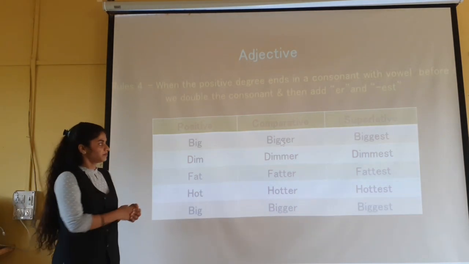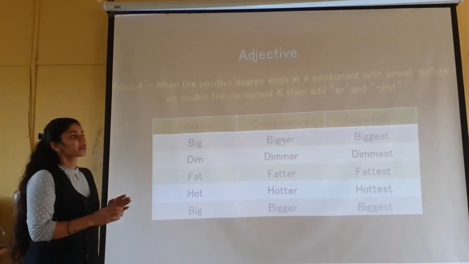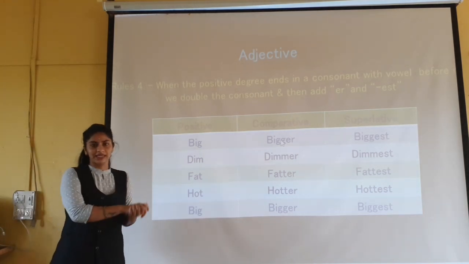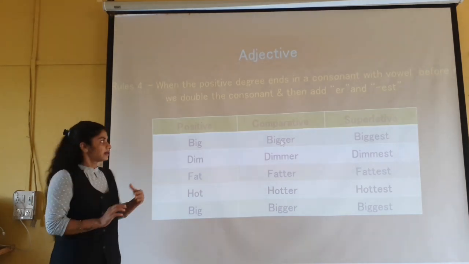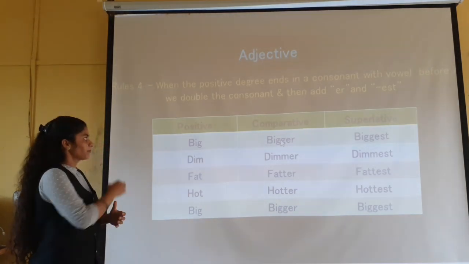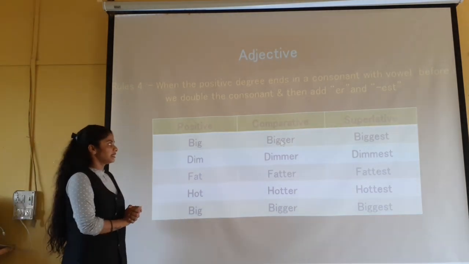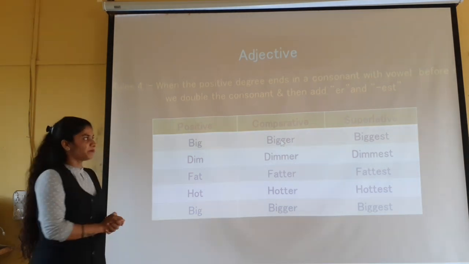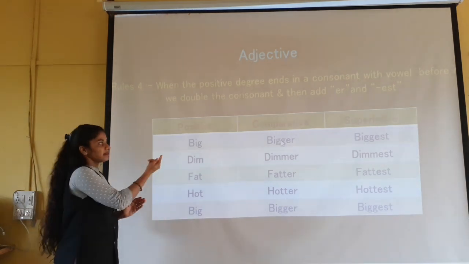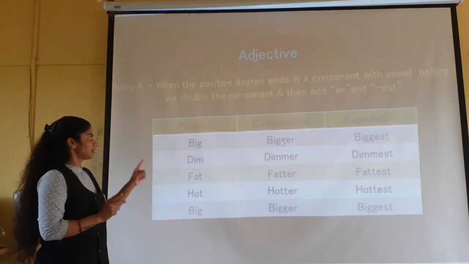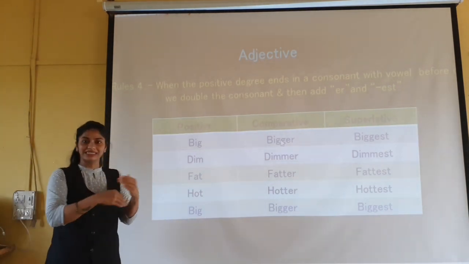Let's go further. Now here you have learned about this in class 2nd and 3rd. What you have learned is that the positive degree is big, the comparative is bigger and the superlative is biggest. But if you notice there is a double sound. For example big, G, it is double.